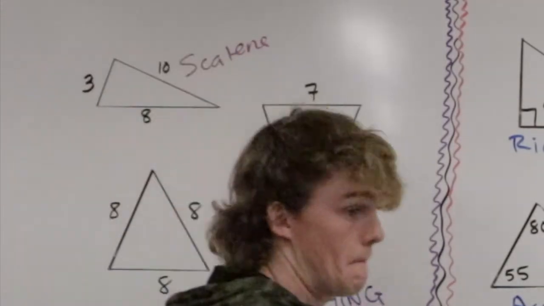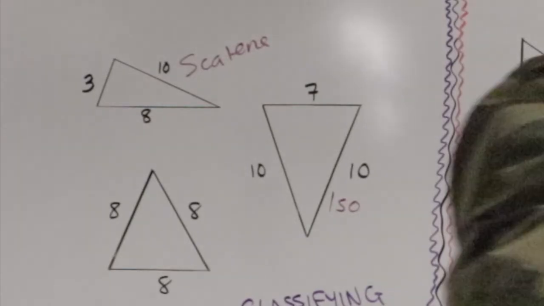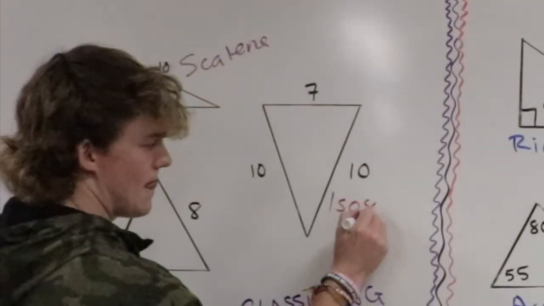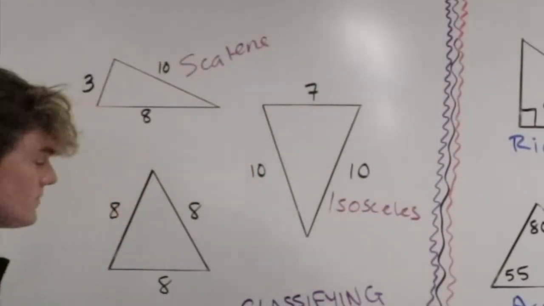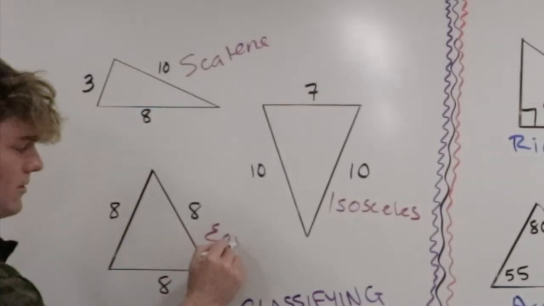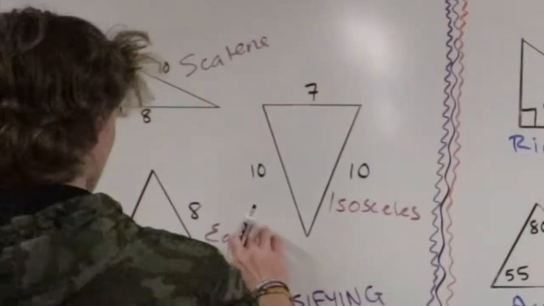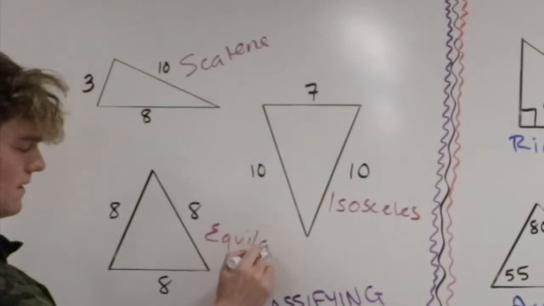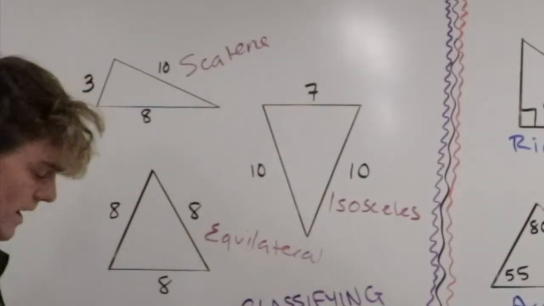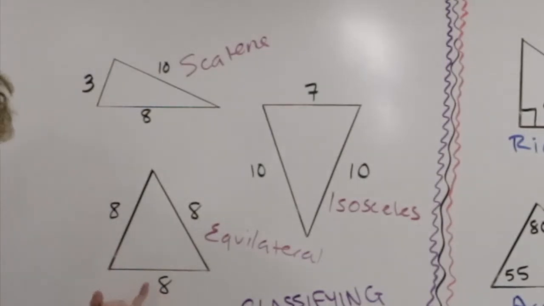How do you spell that? And this is an equilateral. How do you spell that? Okay, and this is equilateral because all of the sides are equal.